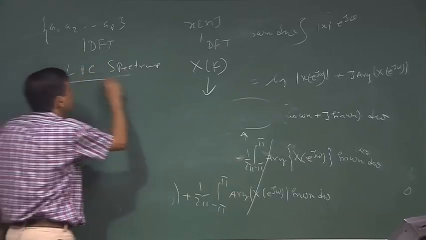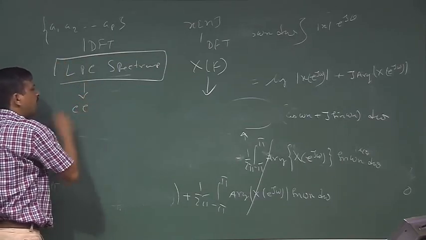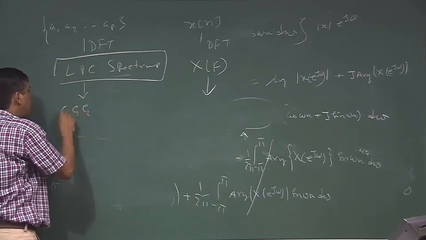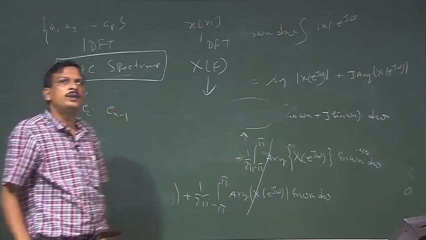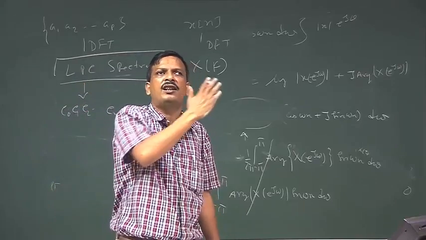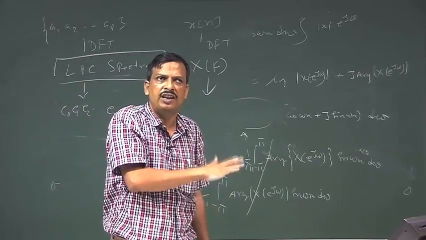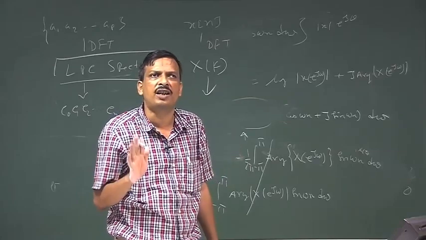I can use this LPC spectrum to compute the cepstral coefficients C0, C1, C2, up to Cn minus 1. If I use the signal spectrum, then I get the cepstral coefficient Cn. If it is real log magnitude, then it is the real cepstrum Cn.